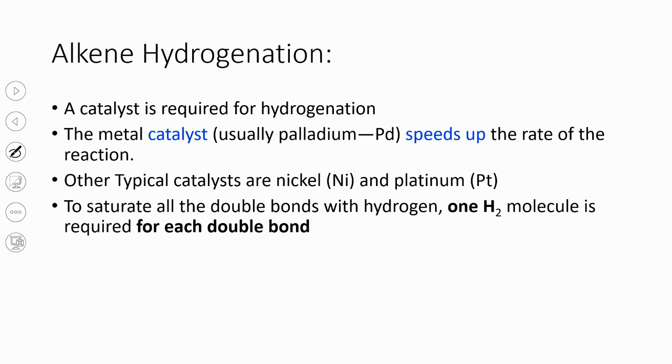I think that's pretty clear from the picture on your handout, but I just want to make sure that you knew that. So one double bond requires one molecule of hydrogen.